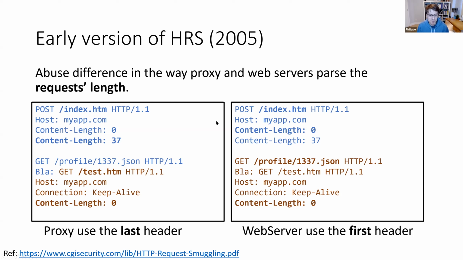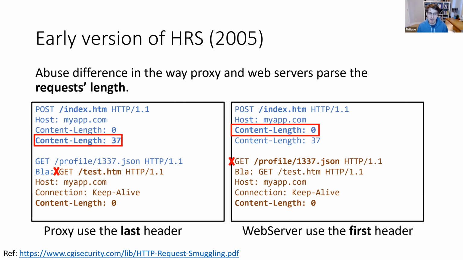And this will be because the first implementation, so the proxies, will only keep the value of the last header here for content length because it's a duplicate, while the web server, so our backend, looking at the same byte stream will look at only the first header.